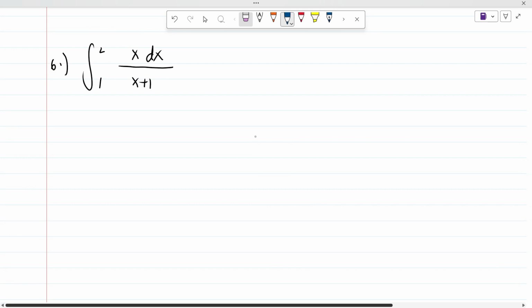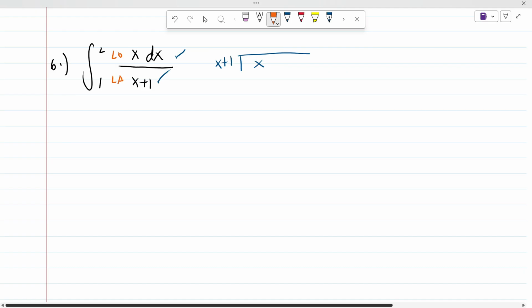So, integral of x dx all over x plus 1 from 1 to 2. So, we can use the long division. So, ito yung loob. Baliktad. Loob, ito yung labas. Gets, guys? Baka makalimutan nyo.